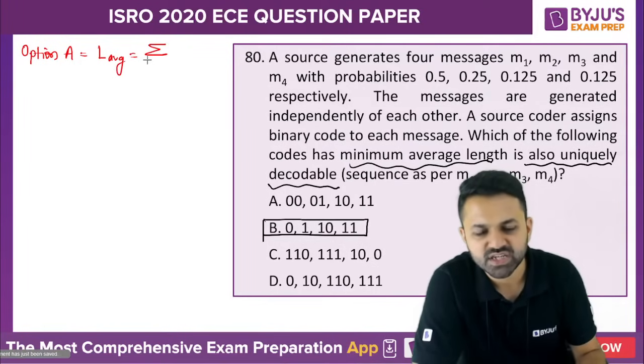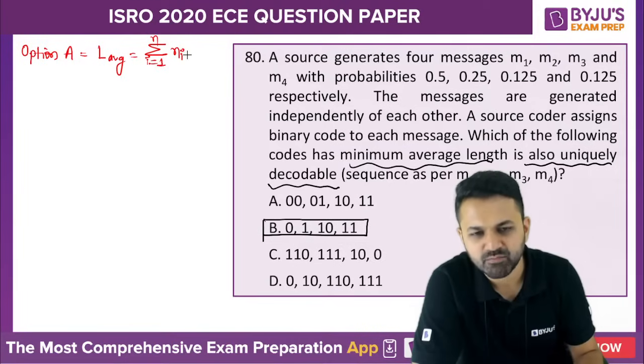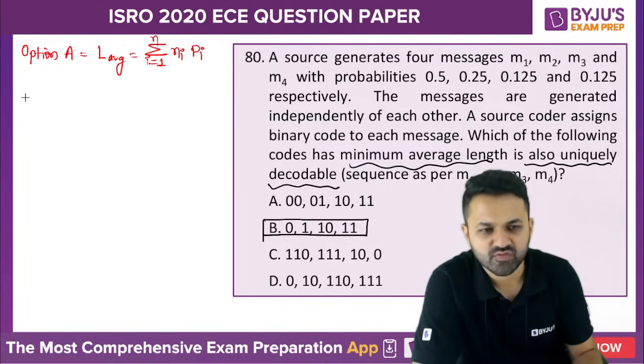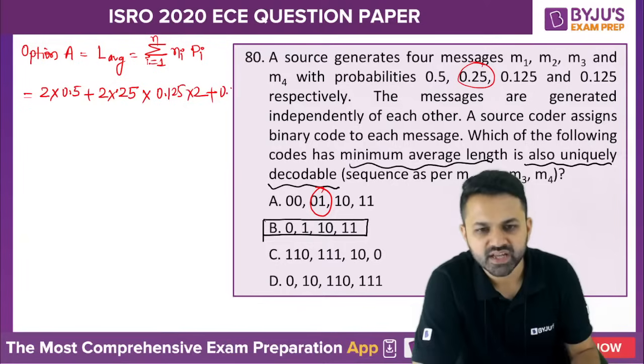That is the summation i equal to 1 to n of ni, the number of bits, times the probability. So for option number A, we have 2 bits and its probability is 0.5. We have 2 bits in the second code, its probability is 0.25. And we have 0.125 multiplied with 2 and again 0.125 multiplied with 2.